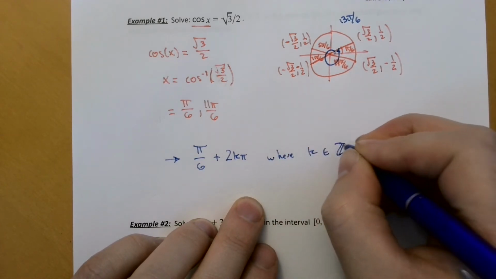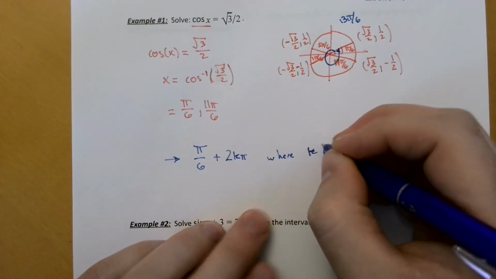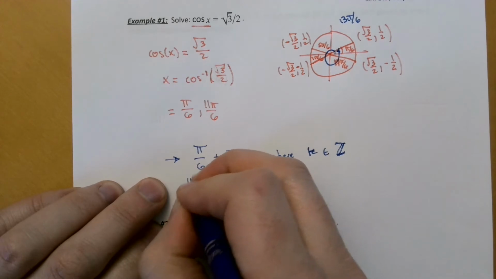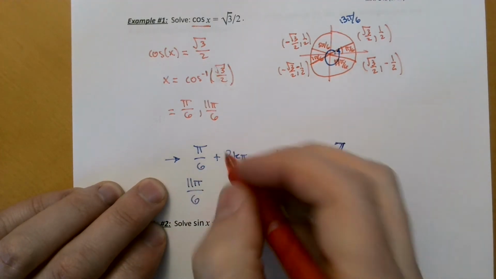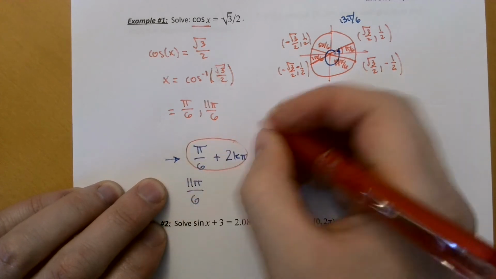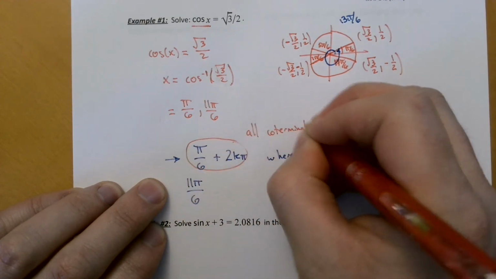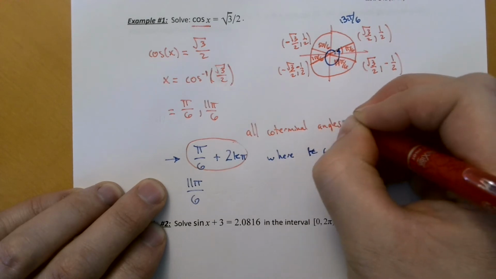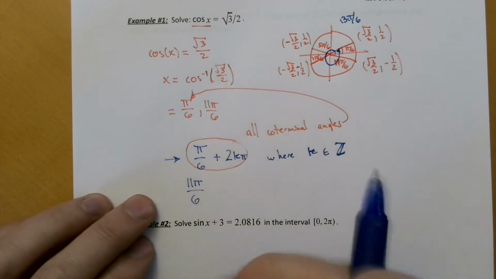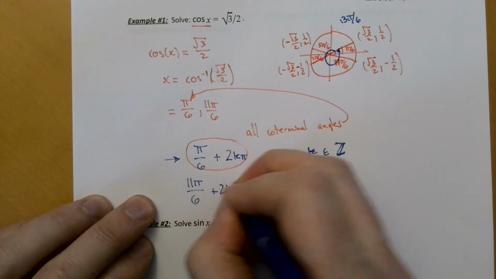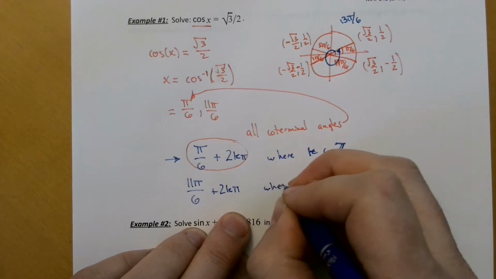This is the symbol for integers, that little Z thing. And then 11 pi 6. So note this expression represents all coterminal angles related to the pi sixths, and this next expression would be all coterminal angles related to the 11 pi 6.